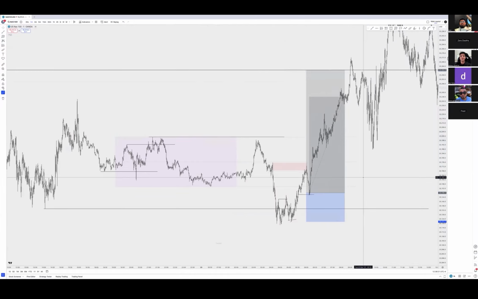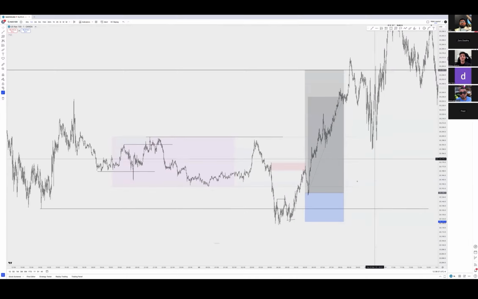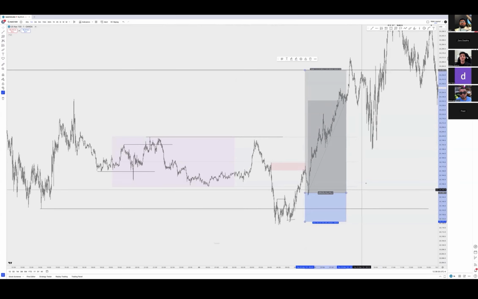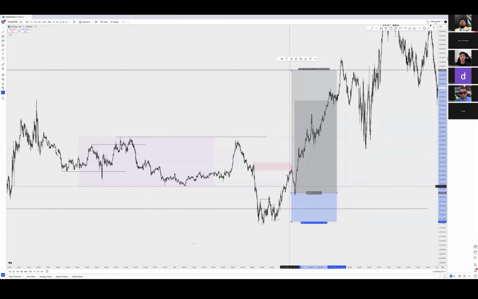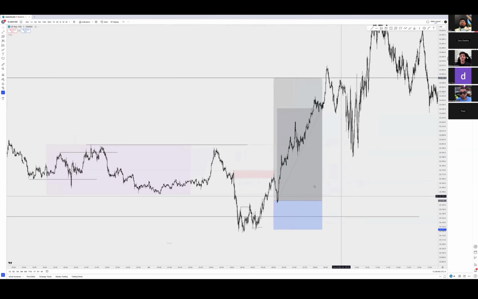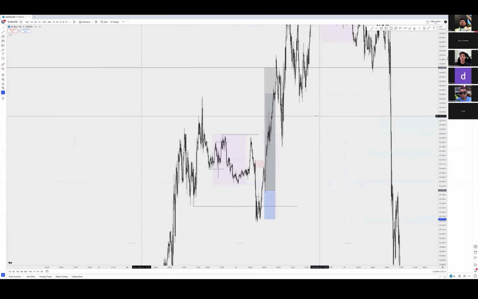That is the only thing, to be honest, I can possibly see. Just taking it straight to the highs still gives you a nice 1-4. Not bad. But as soon as these highs get taken out, I'll be going break even and stuff. That's just how I'd be managing the position.